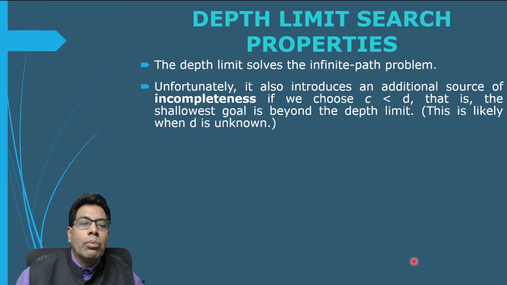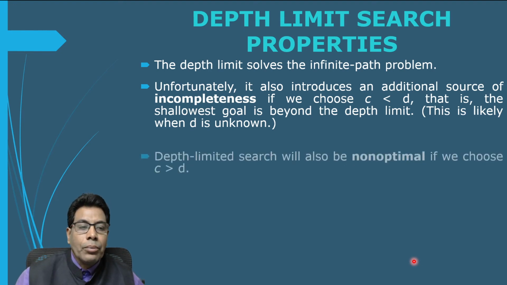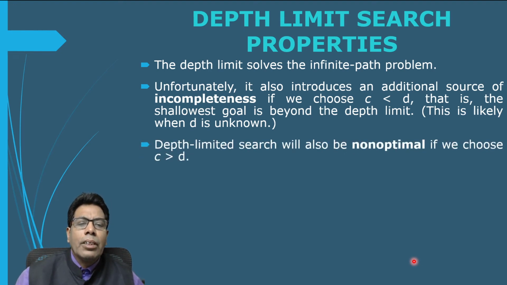This will be possible when D is unknown and we choose C less than D. In that case, this will happen. Then depth limited search will also be non-optimal if we choose C greater than D. If the value of C is very high, greater than D, then we will not get the optimal path.